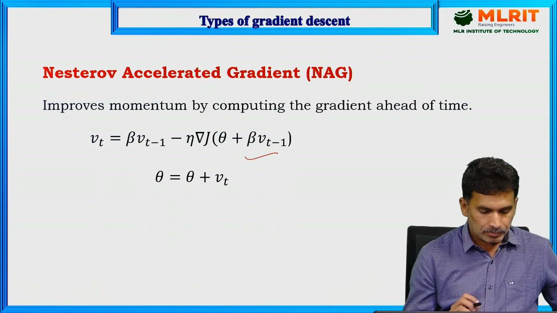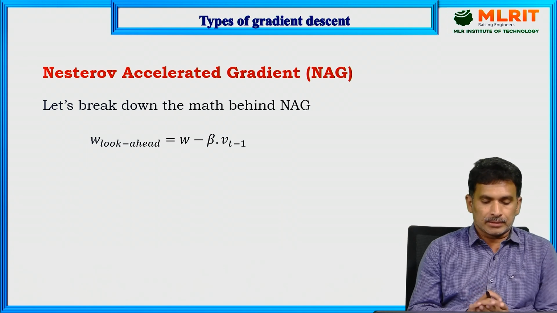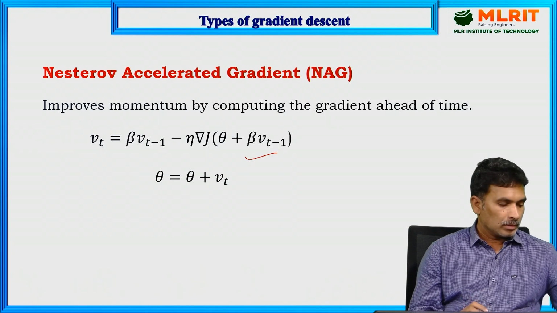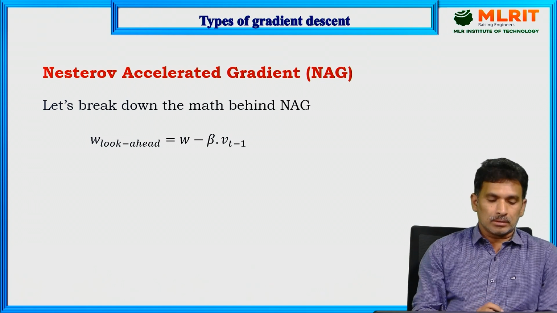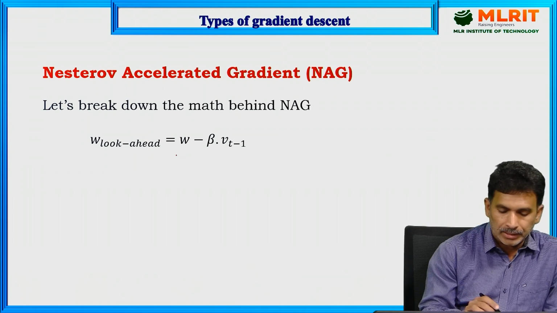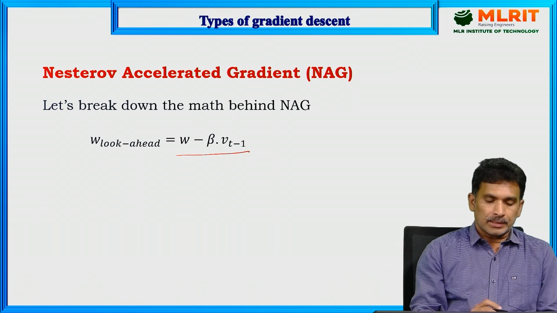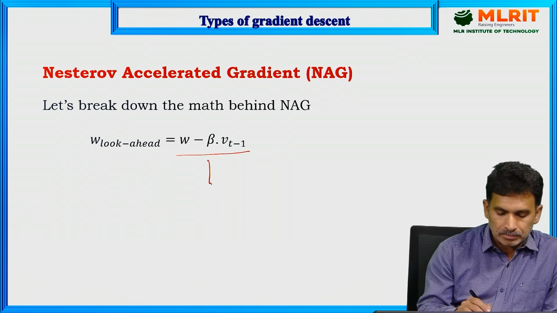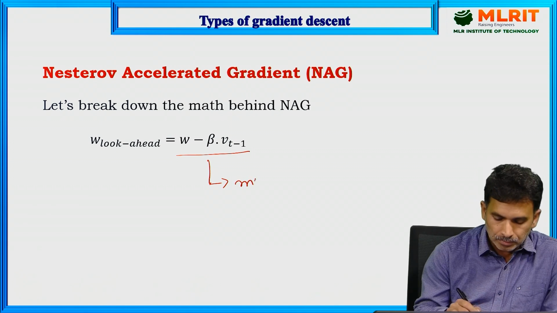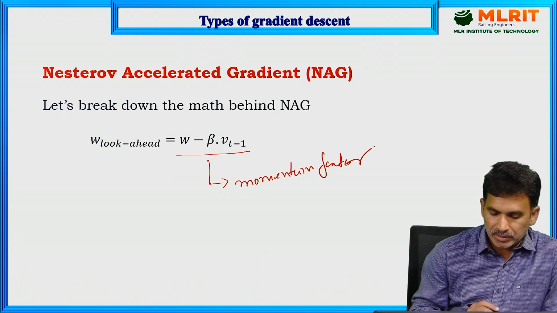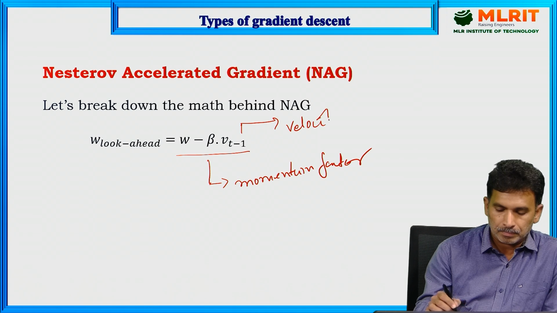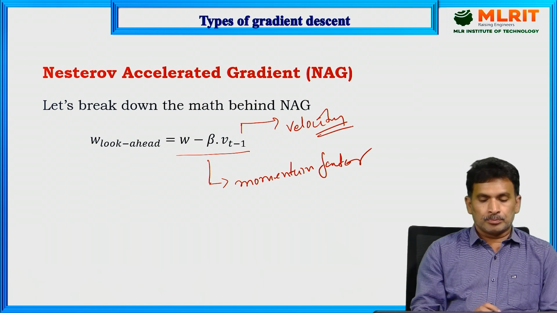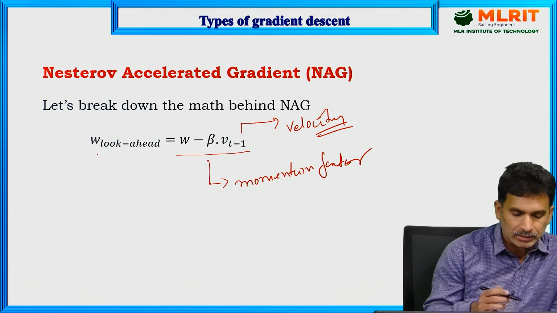So here you can see, if you break down this equation, it first finds the look ahead point, this is a momentum factor, this is the velocity.